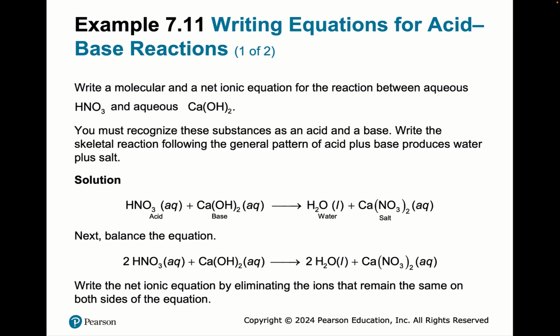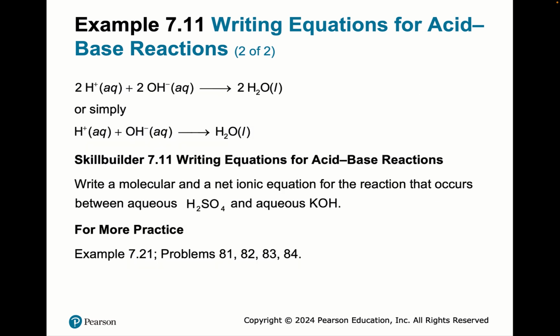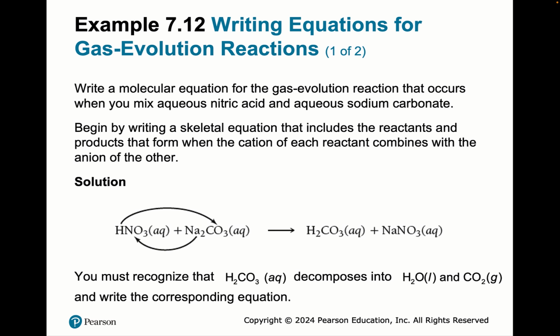So those are the spectator ions. The nitrate and the calcium can go away, and you just get 2H plus and 2OH minus forming 2 waters, or you can divide by 2. So that's really what acids and bases do when they react. You form water and salts, at least in aqueous reactions. So it's pretty predictable. You see a pattern, right?